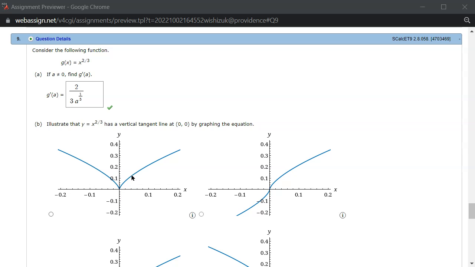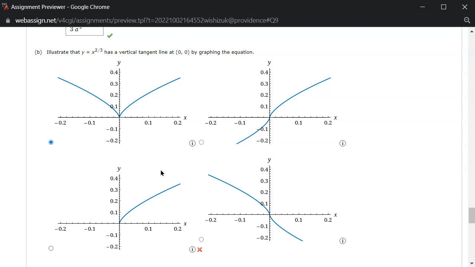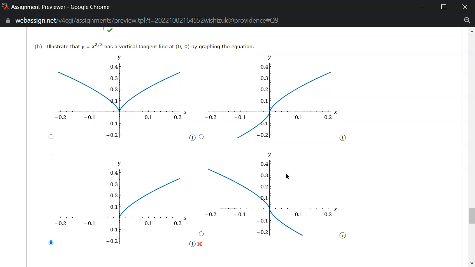If you're coming from the right, the slope of the tangent line is positive, and as it gets close to the origin the slope gets more positive and eventually becomes positive infinity, which means you would have a vertical tangent line there. So that's why the picture is that one, and none of the other 3 come anywhere close.